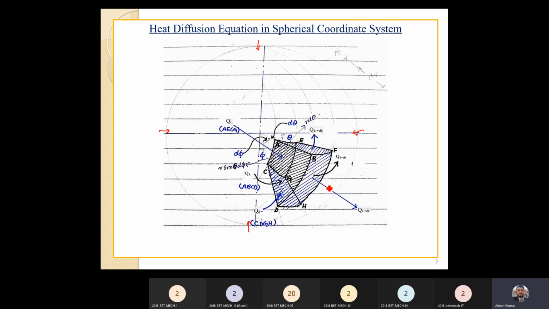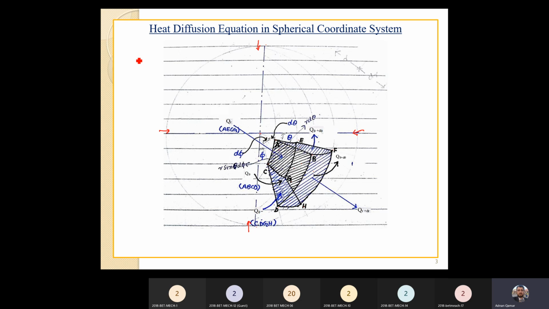So now we need to calculate in the same manner. We have discussed for the cylinder the different parts of this small piece of component.